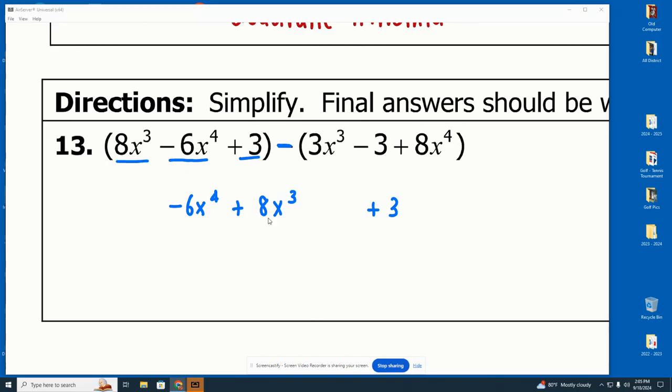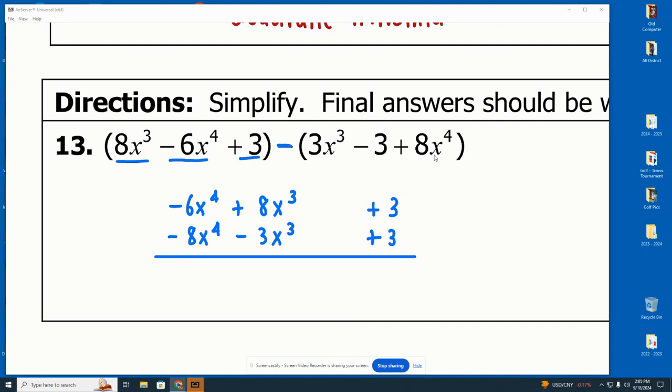Now where does it come down? Well, it comes down right underneath the 8x cubed. So that's minus 3x cubed right here. This minus 3 will change and become a positive 3 right here. And this positive 8x to the 4th will become a negative 8x to the 4th, and it'll slide underneath the negative 6 because those are like terms.